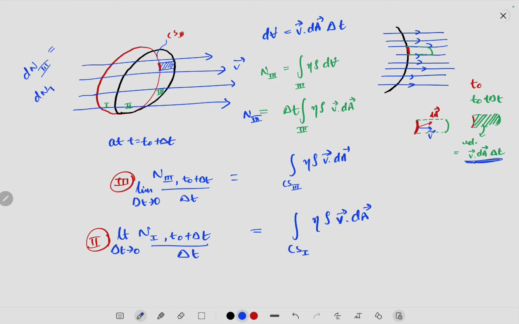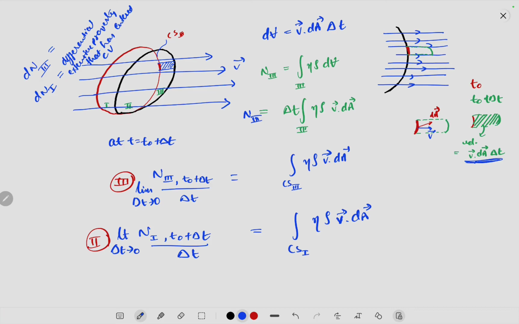And similarly dn1, from this image, we have assumed that dn1 is the differential extensive property that has entered the control volume.